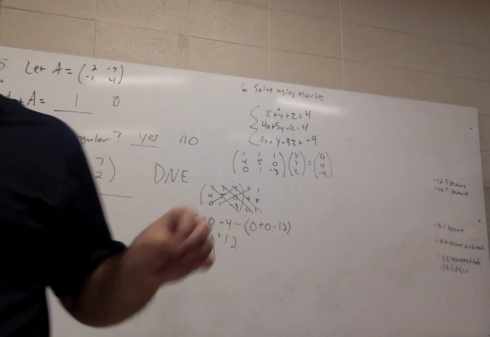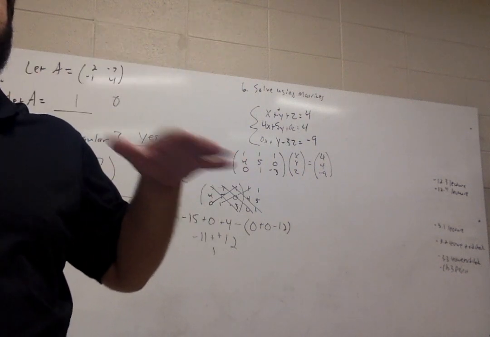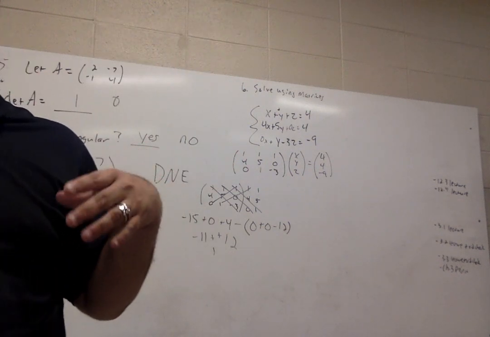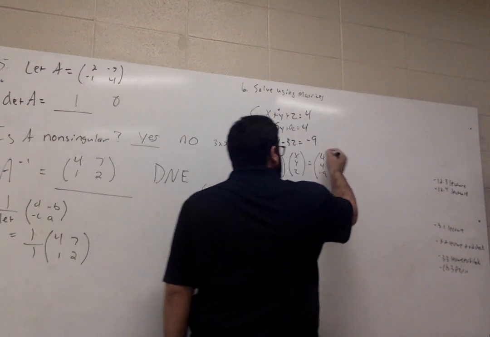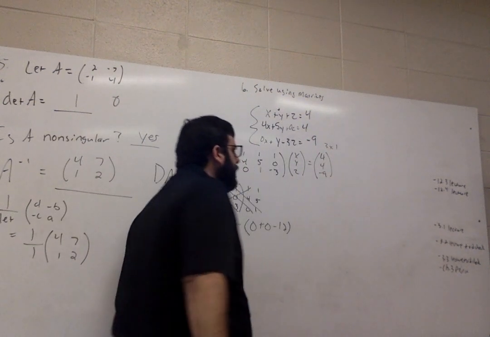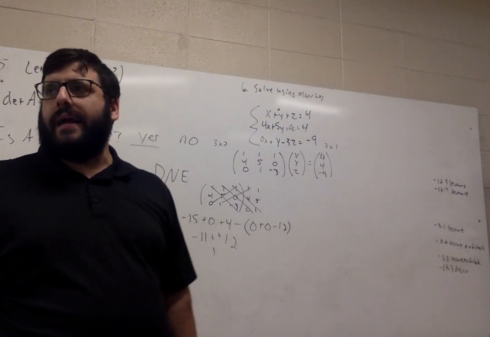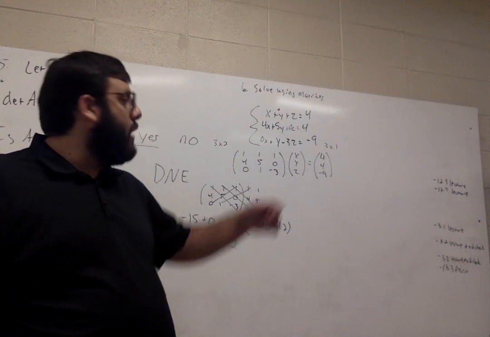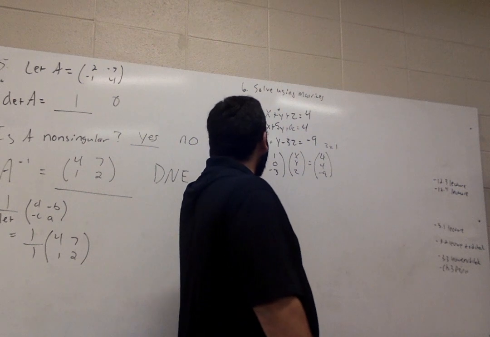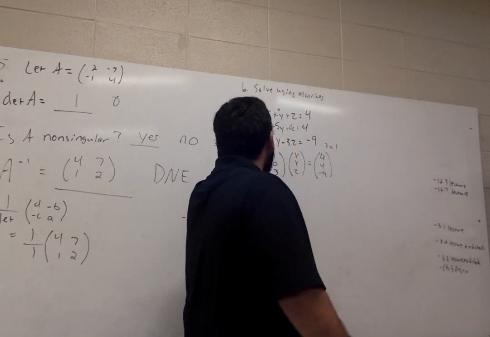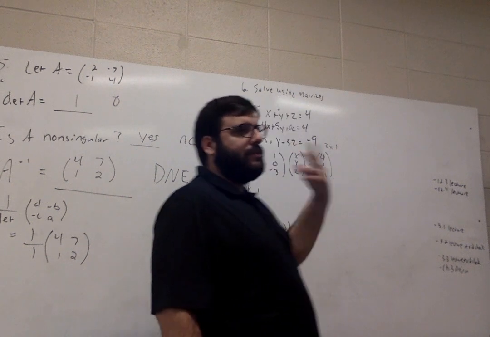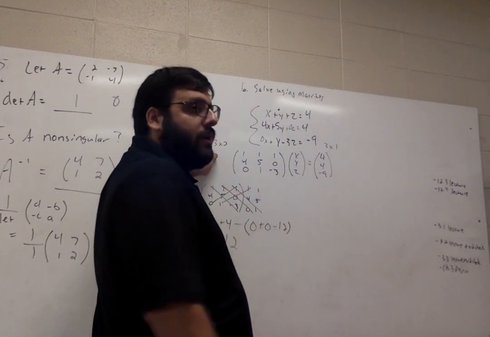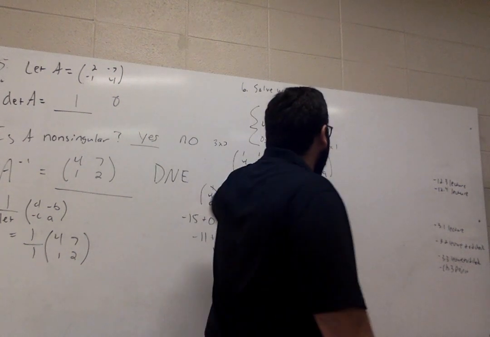Because if I try to do it on the right side, the multiplication is not going to be defined. Remember, this is a 3 by 3 and this is a 3 by 1. The only way that I can multiply the inverse with this matrix is on the left side because the inner dimensions match. If it was on the other side, they wouldn't match. So that's why I'm doing it on the left side here and on the left side here.